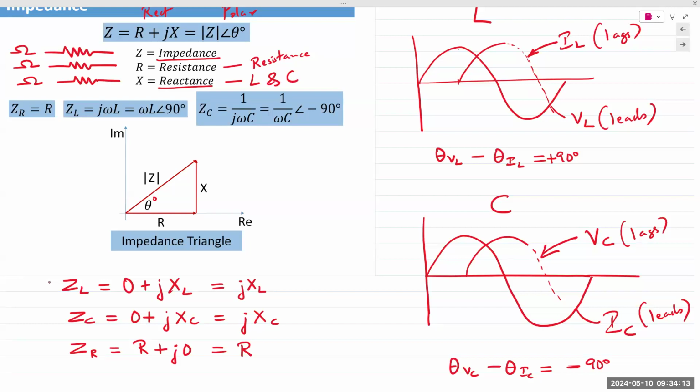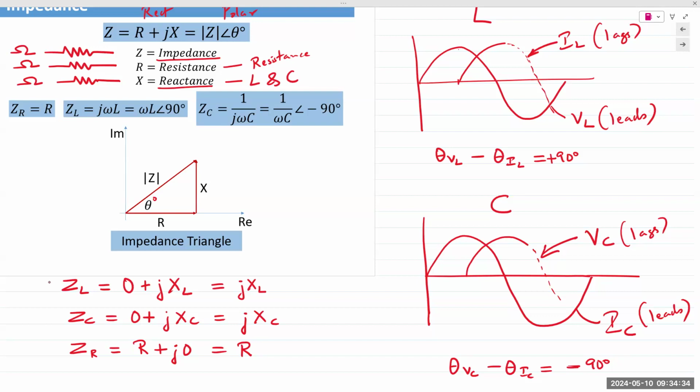So the equation for that comes from the frequency, omega L and omega C. Omega is 2 pi f. Omega is the angular frequency or angular velocity in radians per second, how fast it is rotating in that complex plane, right?